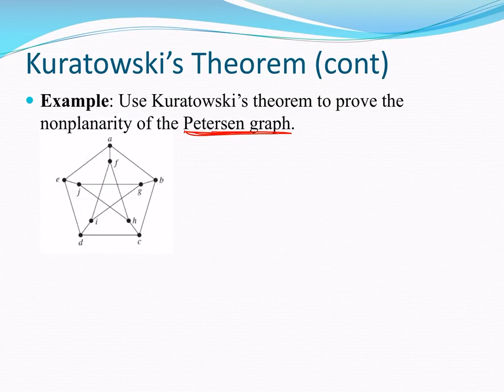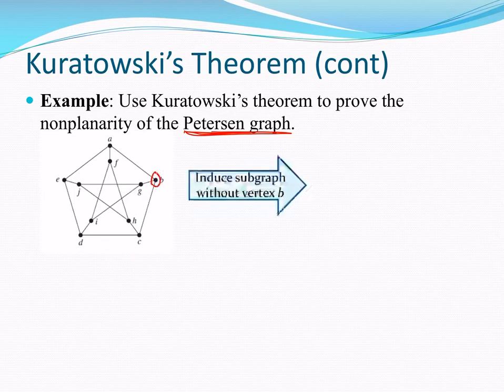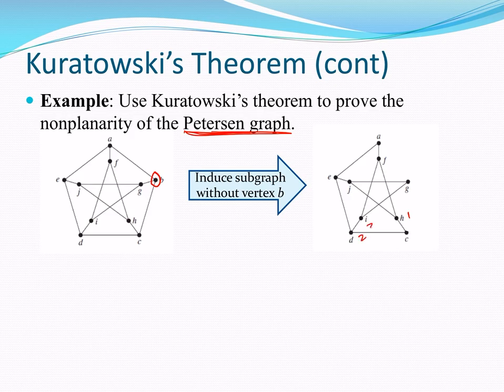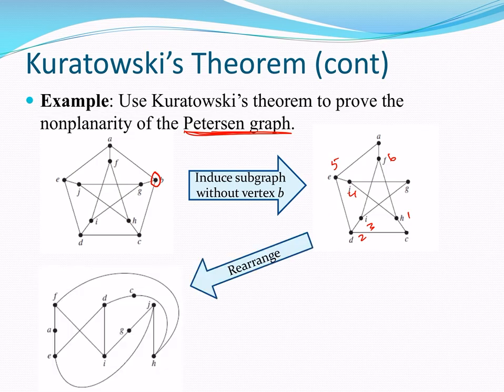First, we're going to take a vertex and delete it. So we'll remove vertex B and the associated edges. And now we show that we have 1, 2, 3, 4, 5, 6 vertices of degree 3. The remainder of them have degree 2. We'll combine them in a way that illustrates the fact that the vertices of degree 3 are in bipartite sets.